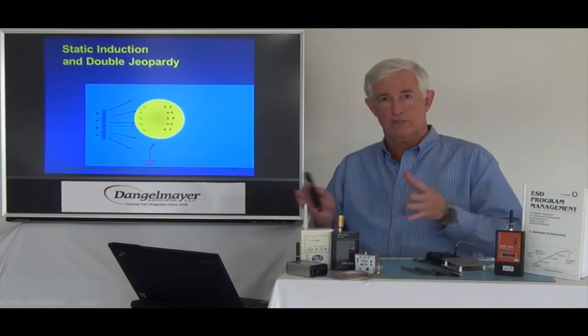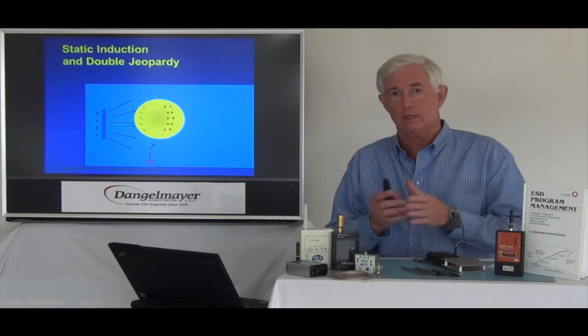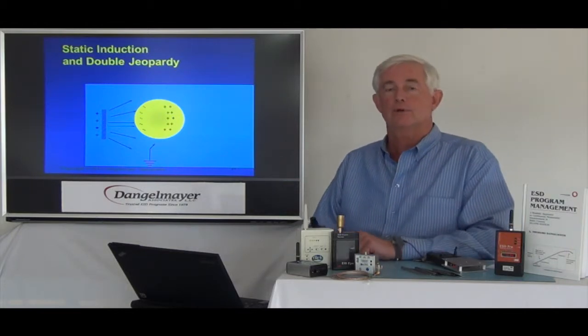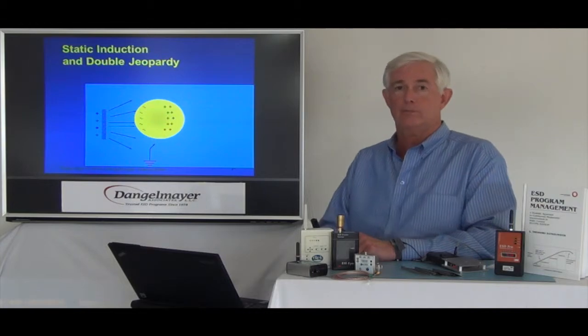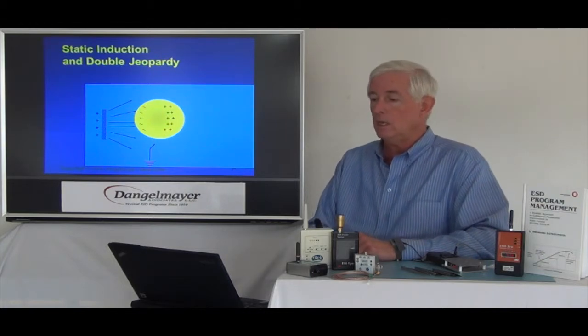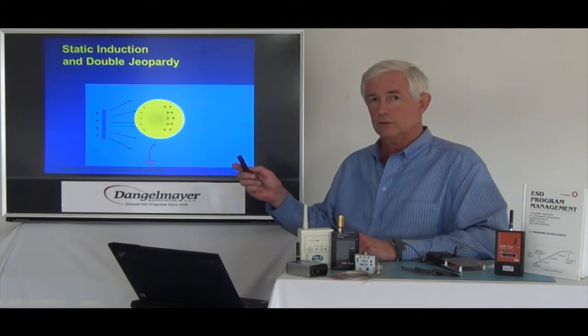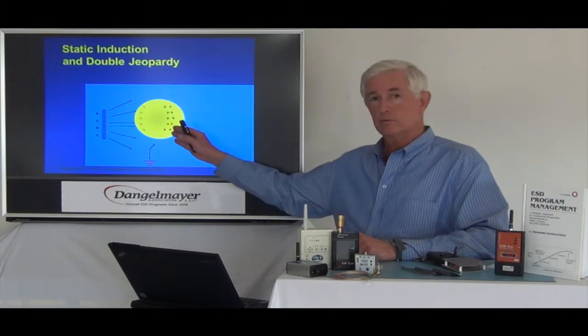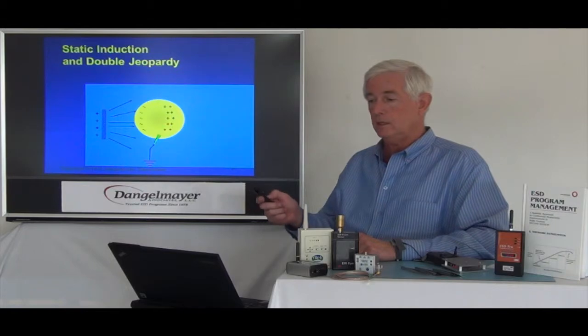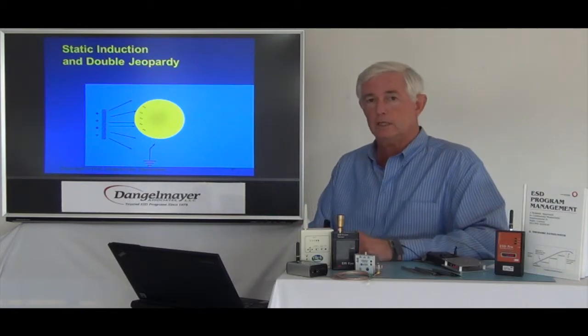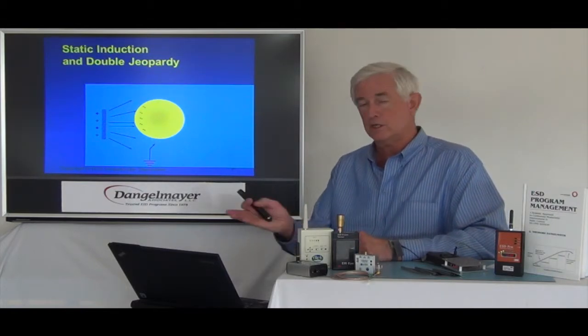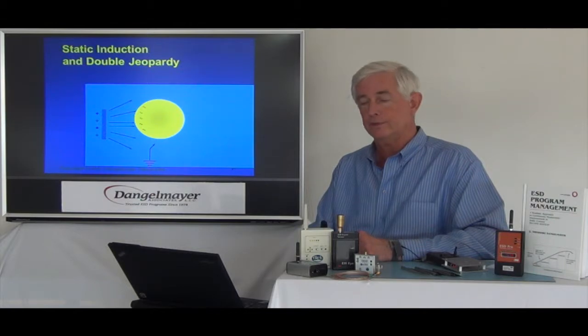And again, it's that function of distance. As you get closer to a charged object, it has a greater opportunity to induce a higher potential on the item. Now, at this point, if we discharge the conductor here, you'll see that effectively the positive ion charges have been driven away to ground.